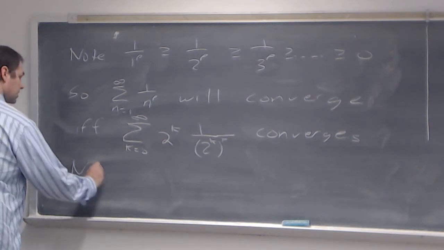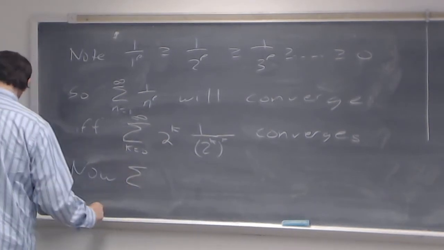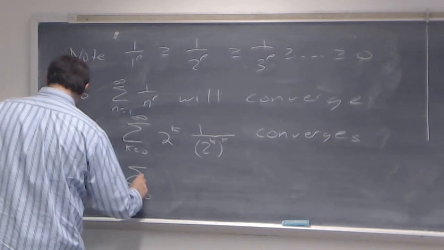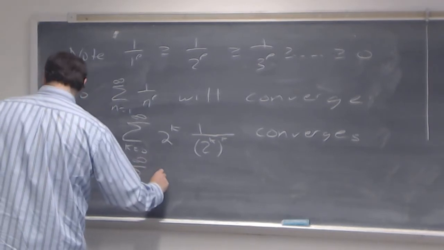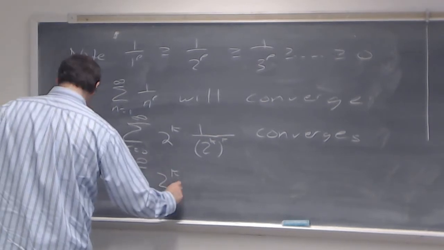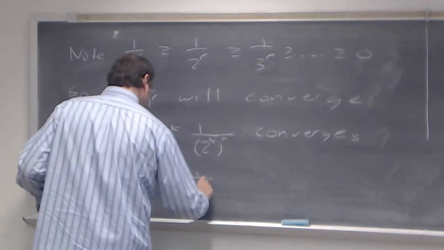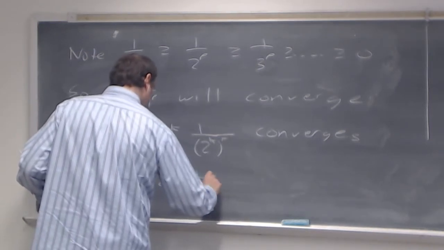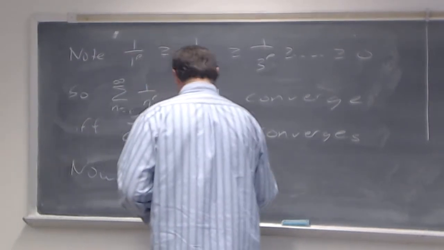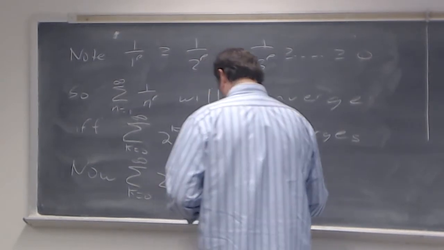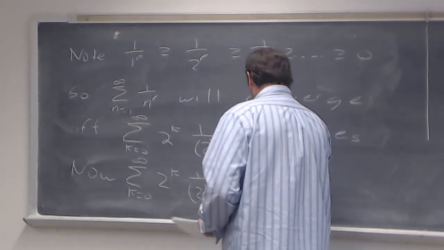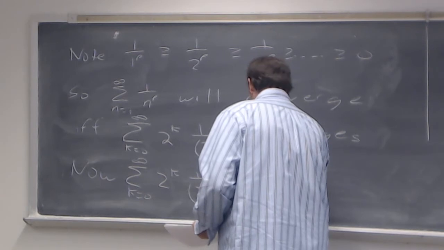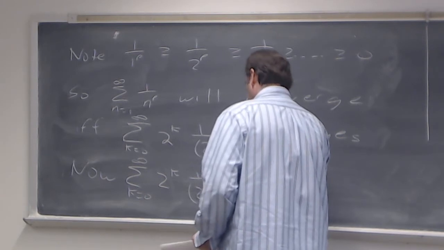Now, let us look at that series. The series as k runs from 0 to infinity of 2 to the k times 1 over 2 to the k raised to the p is equal to, well, I can rewrite this as a sum as k runs from 0 to infinity.